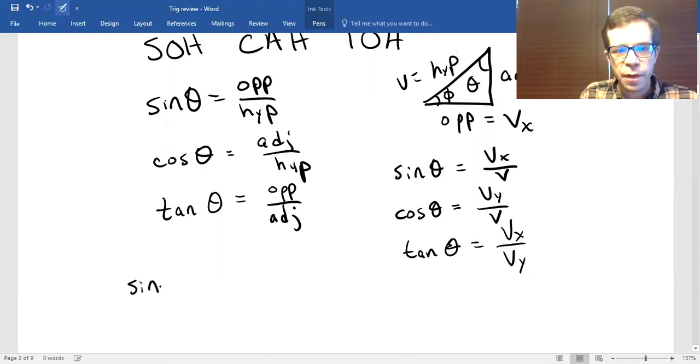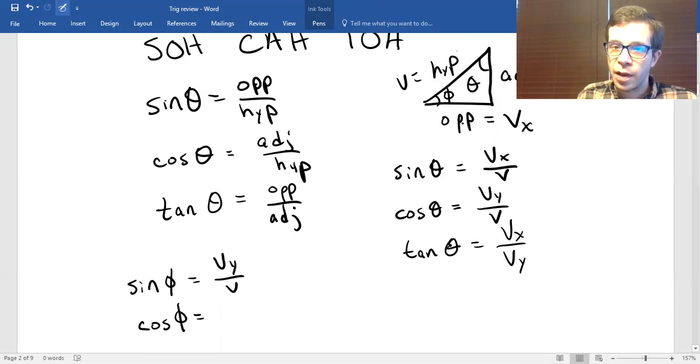Now, sine of phi would be the opposite over the hypotenuse, which is now Vy over V. And cosine phi would be the adjacent over the hypotenuse, which is Vx over V. And these are what you would have learned in your basic trig class because you're all told to always draw your angle to the x-axis.